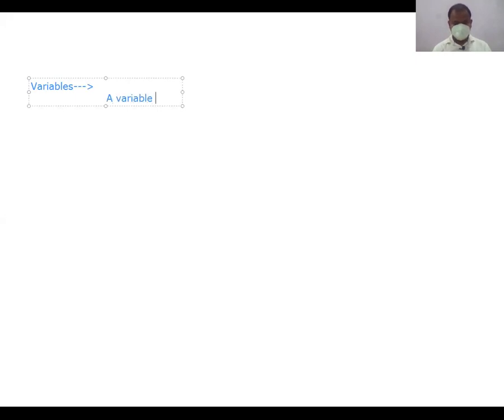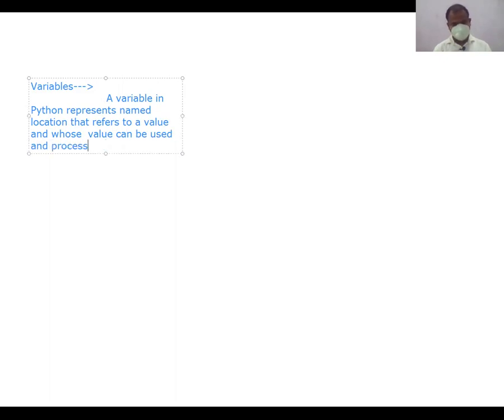A variable in Python represents a named location that refers to a value and whose value can be used and processed during program run.